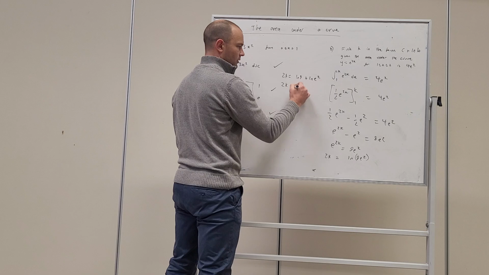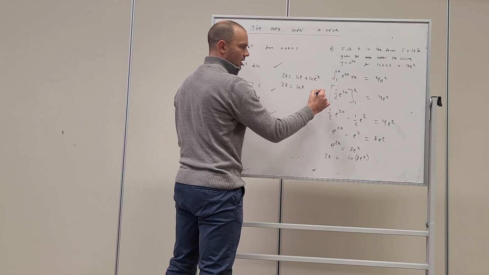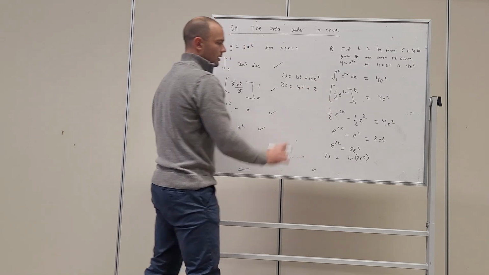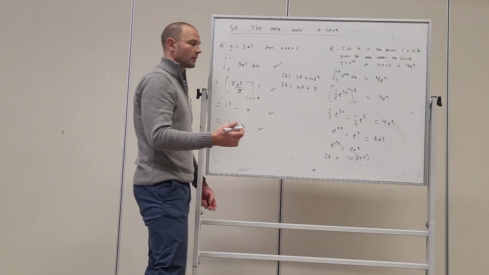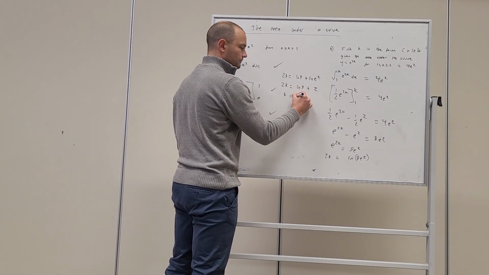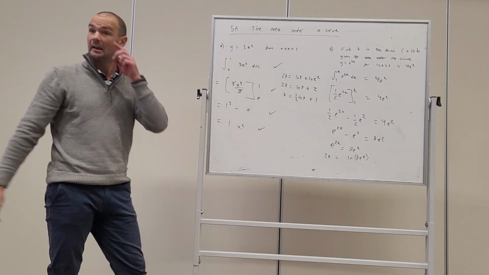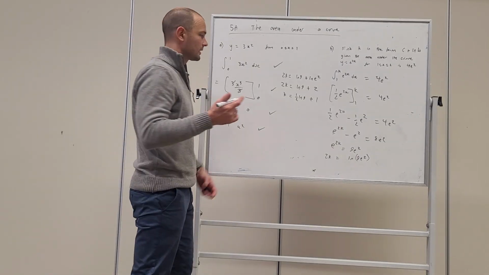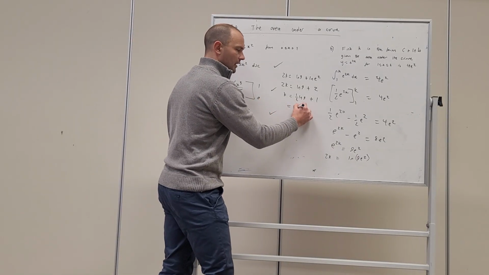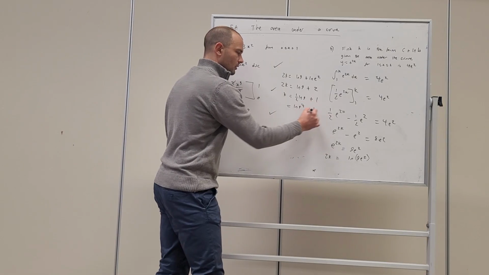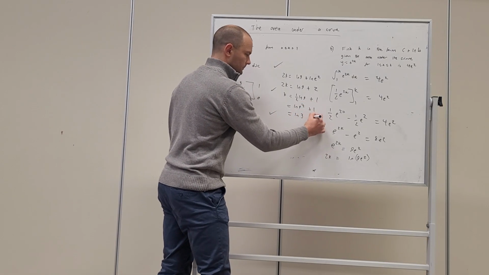So what we've got is 2k equals ln 9 plus 2. We'll divide both sides by 2, or you can think multiplying by half. Half ln 9 plus 1. And half ln 9 we can express as ln 9 to the half, which is ln of 3.